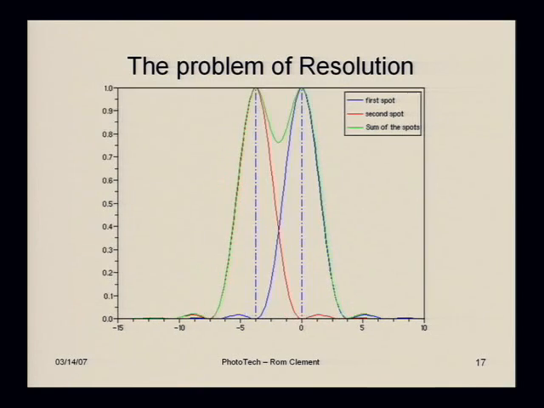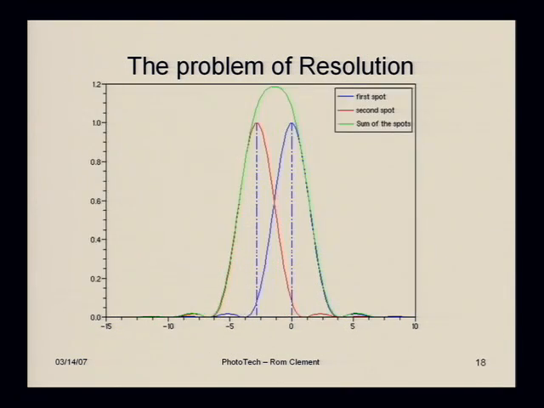My total profile is growing, or my local minimum is increasing, up to the point where the total is only one peak. So there's no way for me to tell that there were initially two stars and not only one star.